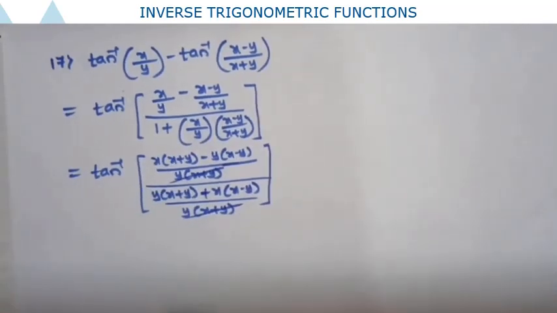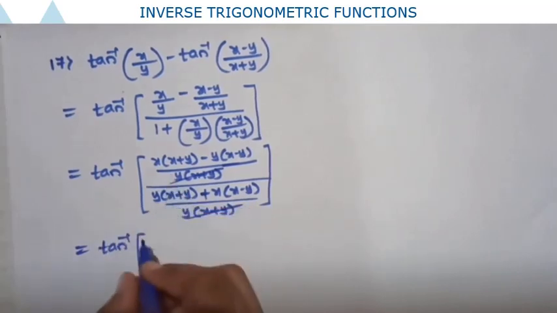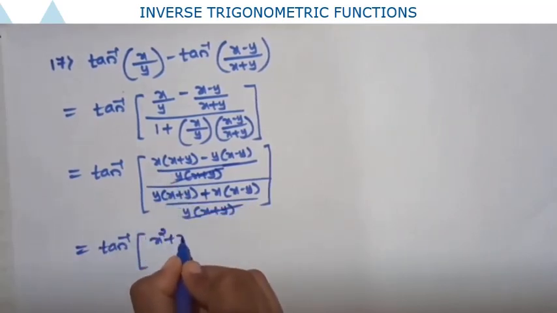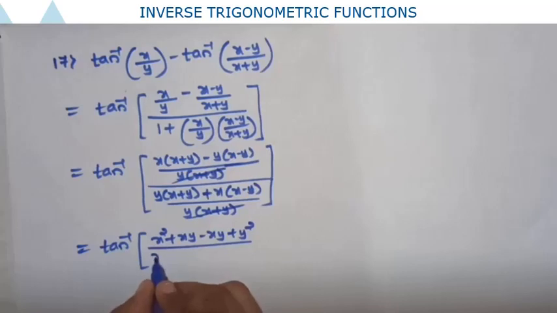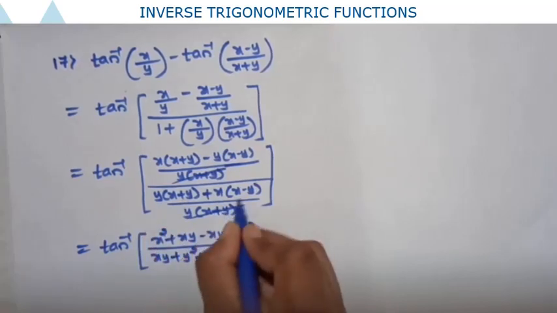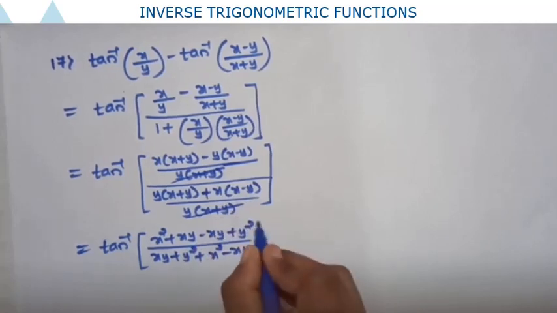So therefore we are having tan inverse of, simplifying the numerator, x square plus xy minus xy plus y square, whole divided by, multiplying this also, x into y into y is y square plus x into x is x square, and x into minus y is minus xy.